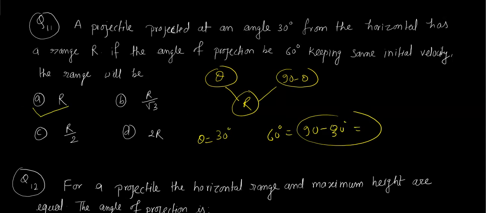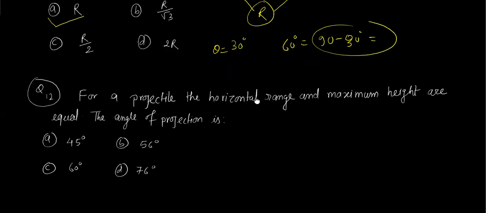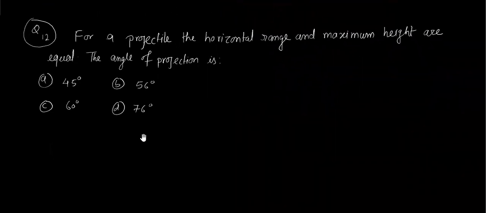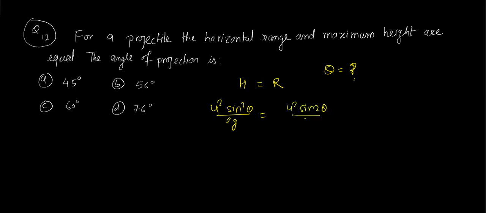Now we are moving towards question number 12. In this question it is said that for a projectile the horizontal range and maximum height are equal. Find the angle of projection. So H is equal to R for what angle of projection? This is our question. We write u squared sine square theta by 2g equal to u squared sine 2 theta by g.